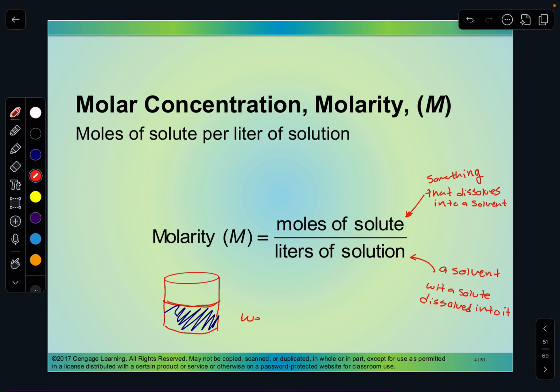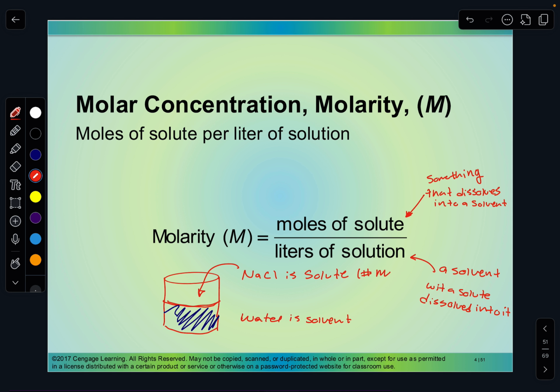Our water is the solvent. The solute, let's say it's NaCl. This is our solute. And we want to know the number of moles of NaCl that are dissolved in the liters of water.